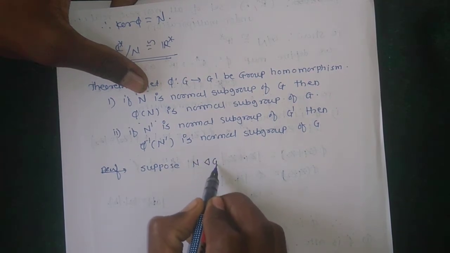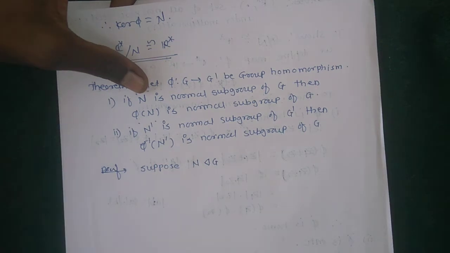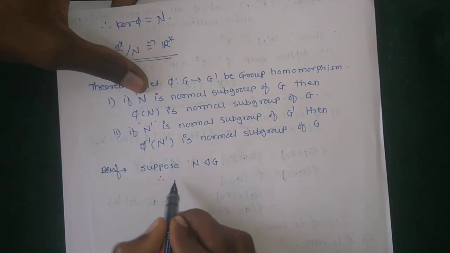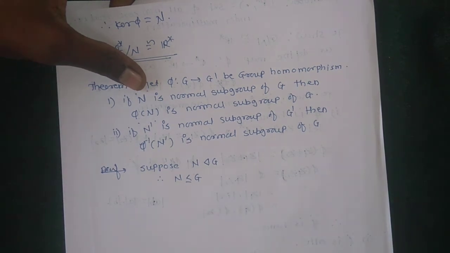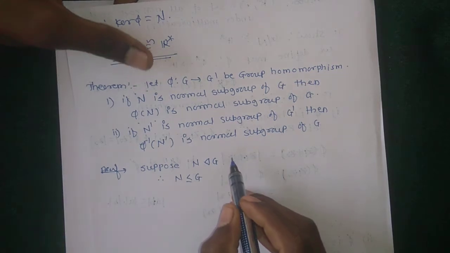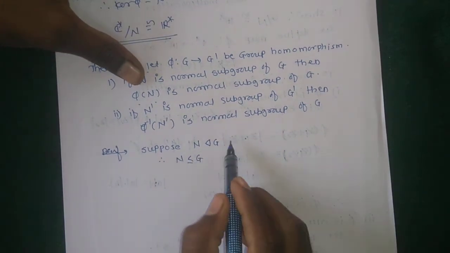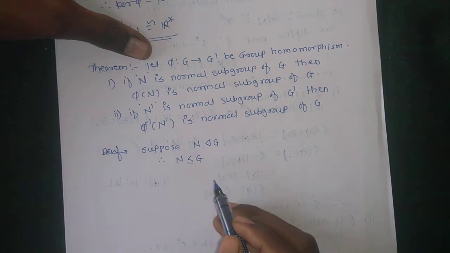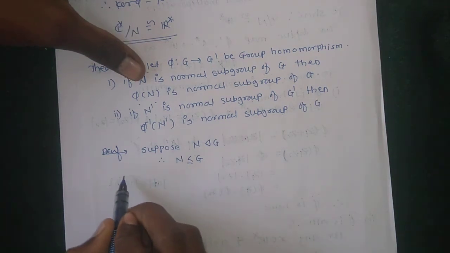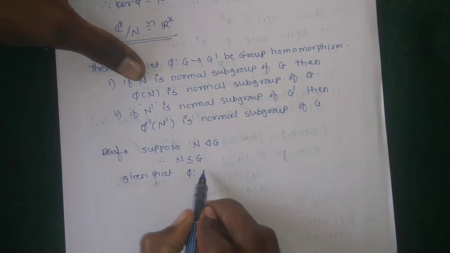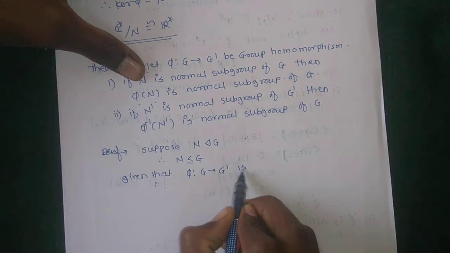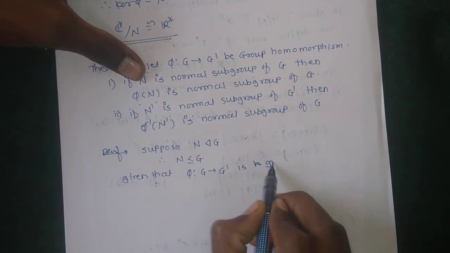Proof: suppose N is a normal subgroup of G, which implies that N is a subgroup of G, because by the definition of a normal subgroup, firstly N is a subgroup, then N is normal. Also given is that phi from G to G dash is a group homomorphism.